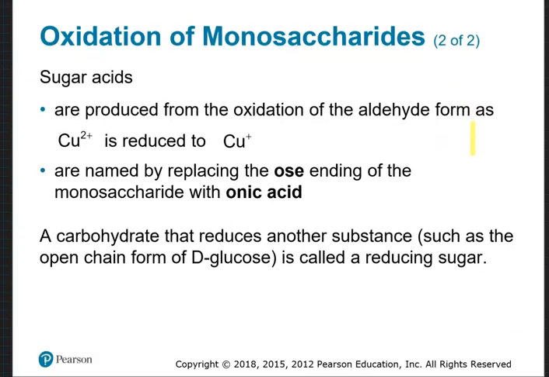So the acids that are produced are called sugar acids, and their names are formed by replacing -ose, for example in glucose, with -onic acid. So if it's glucose, we're talking about gluconic acid. If it is erythrose, we can say erythronic acid.